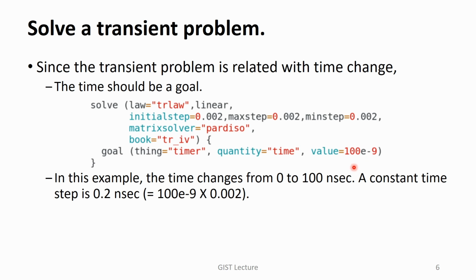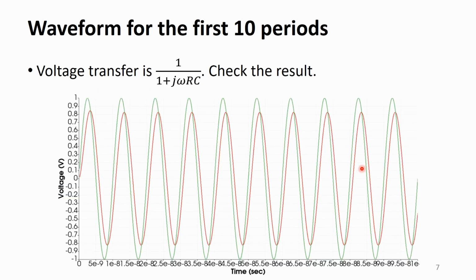If the initial time is 0, then a constant time step is 0.2 nanosecond because the time step value is 0.002 and the goal value is 100 nanosecond. 100 nanosecond corresponds to 10 periods of the input signal.